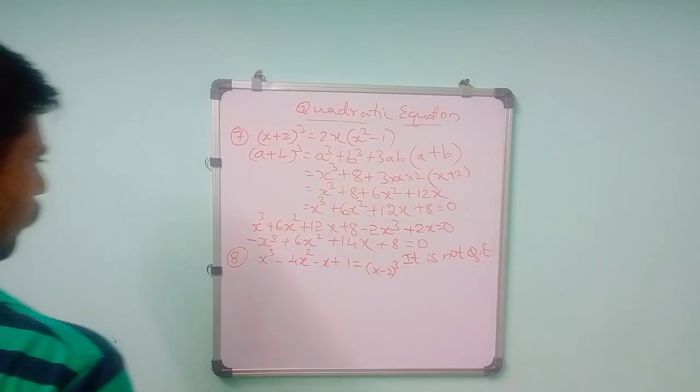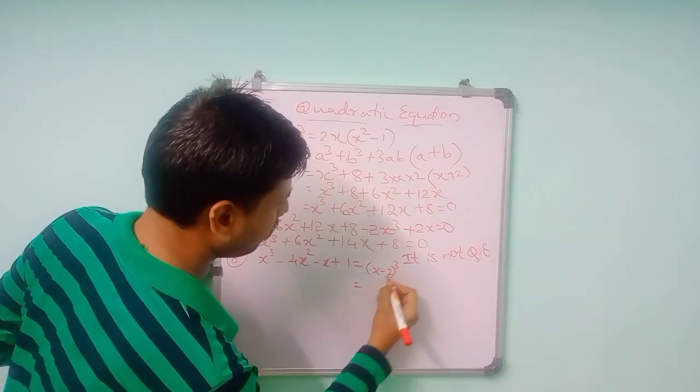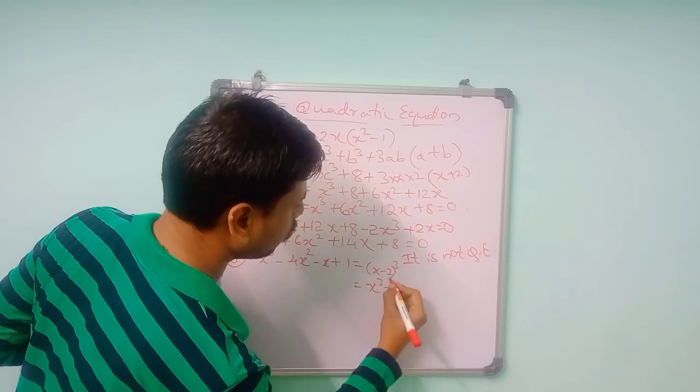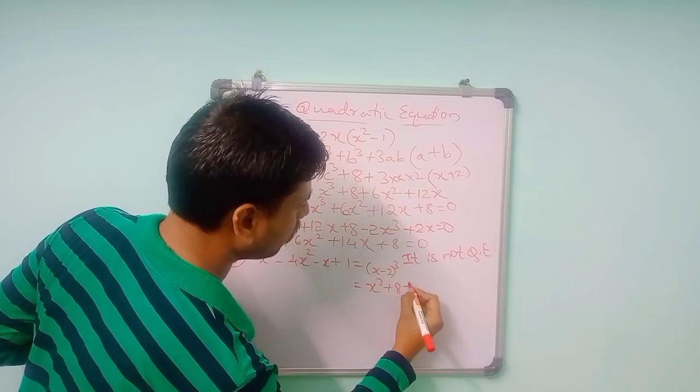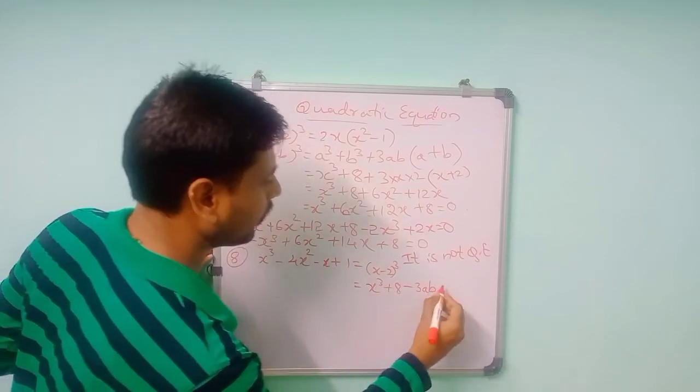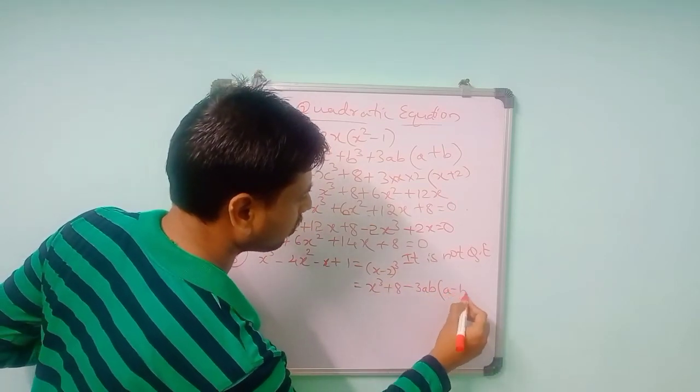For that, first you split this one, because it is in the form a minus b whole cube. The formula is a cube, so x cube, plus b cube, which is 2 cube, 8. Then minus 3ab into a minus b.